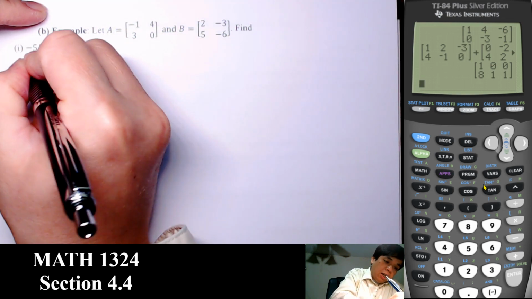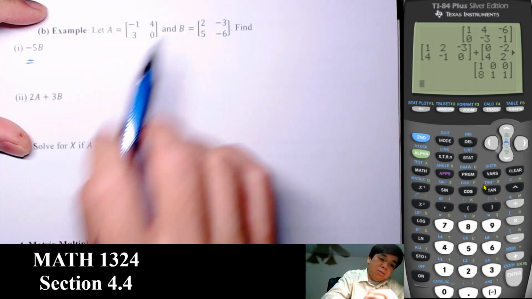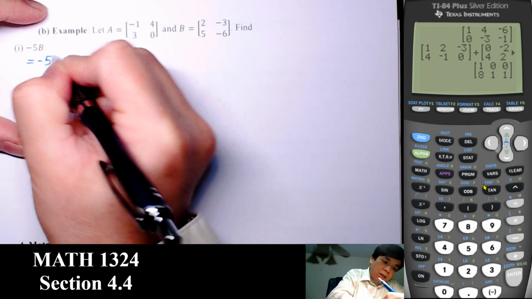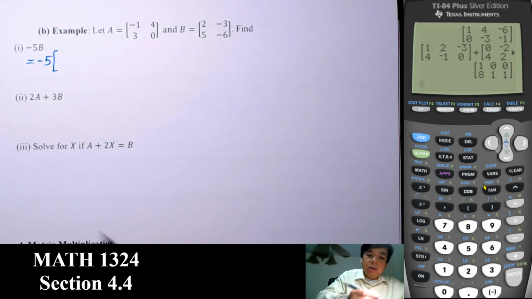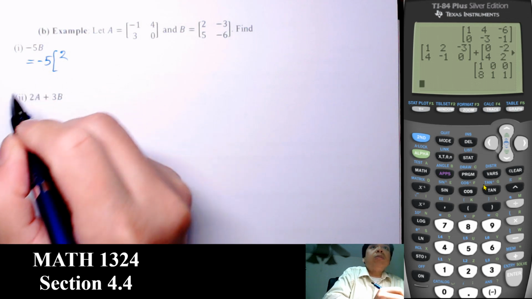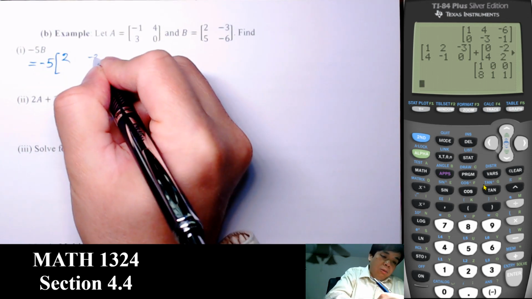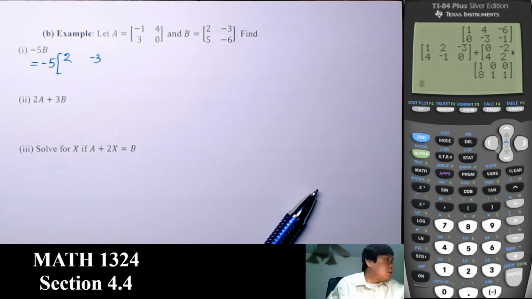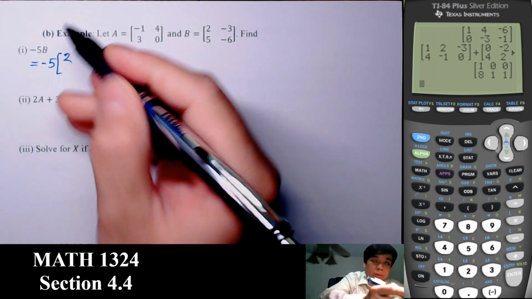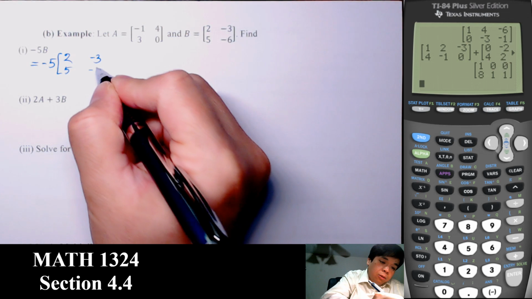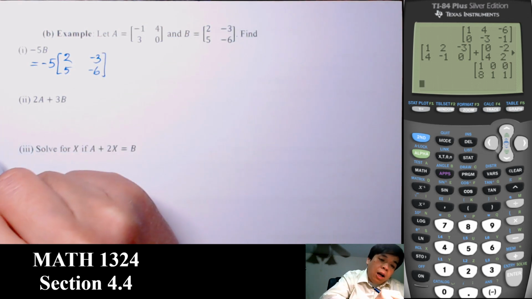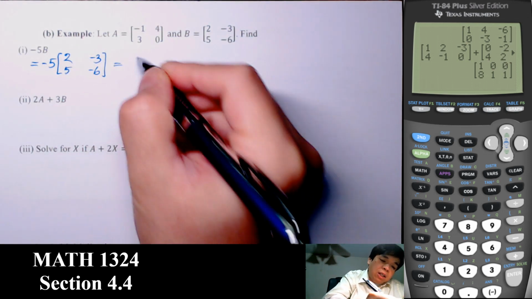So let's say we have negative 5 B. This is B. We take that negative 5 and multiply it to everything inside.